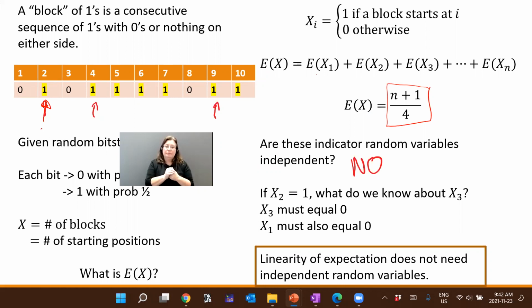Anyway, linearity of expectation is powerful as long as you define your indicator random variables correctly, and then remember how to compute the expected value. Okay.